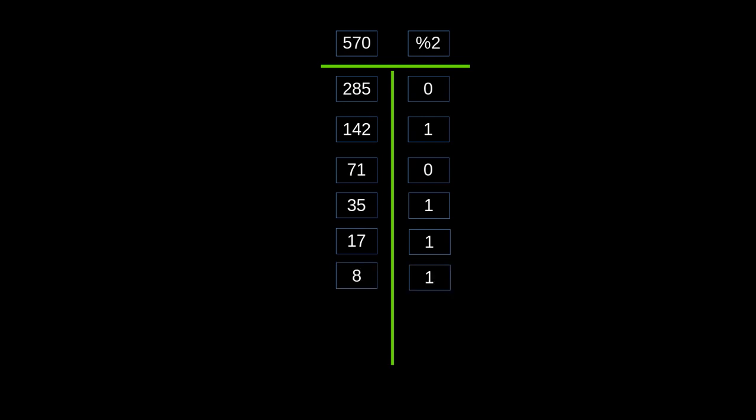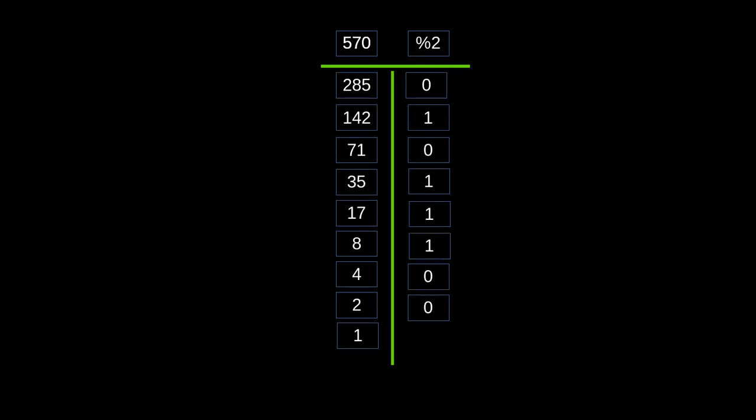Now 17 divided by 2 is 8 and remainder is also 1. And 8 divided by 2 is 4 and remainder is 0. And 4 divided by 2 is 2 and remainder is 0. And 2 divided by 2 is 1 and remainder is 0.